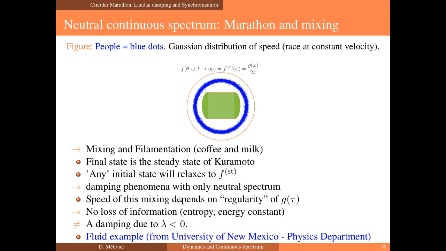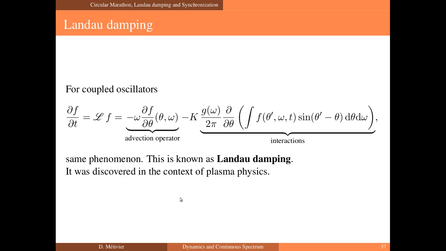Now, let's get back to this full operator with the advection term and the interaction term of the oscillators. Okay, and in this context, the mixing phenomenon is known as Landau damping, basically.